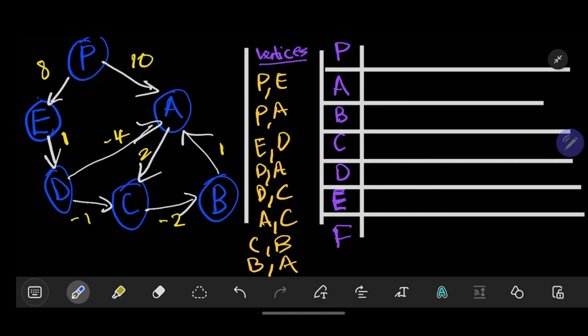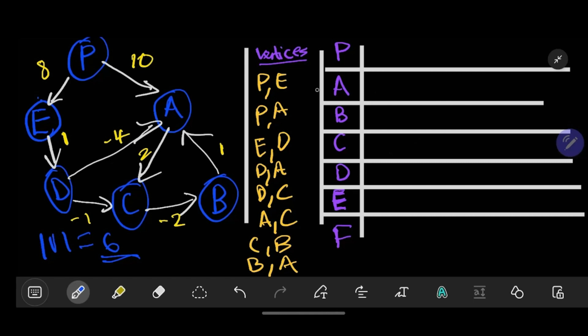Now if we count the vertices, 1, 2, 3, 4, 5, 6, we have 6 vertices, right? So our V here is equal to 6, meaning that we should not go greater than 6 in terms of the number of iterations we are going to have. So if you come to the table on the right that I have here, this is just my way of showing how we're going to work it.